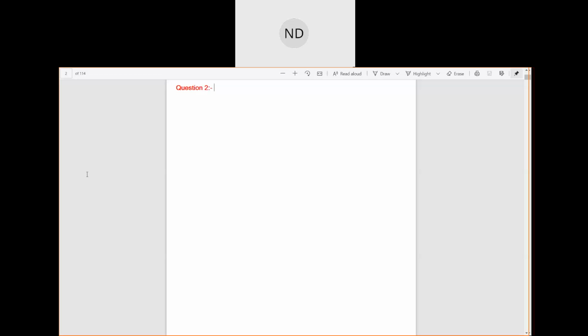So, our question is this one. Here you have this beam which is fixed at one end and it is hinged here. It has a point load at L by 2.